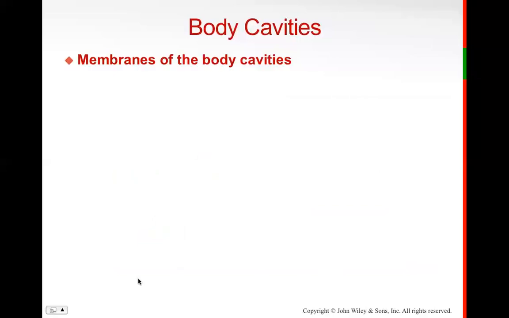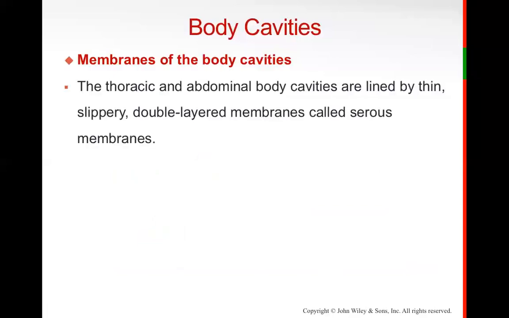Now, membranes of these cavities, all right, so the thoracic and abdominal cavities are lined by this thin, slippery, double-layered membrane called serous membranes. Now, these membranes are quite strong, right? They're not fragile membranes, right? And they're there for protection, all right, so they protect these organs.